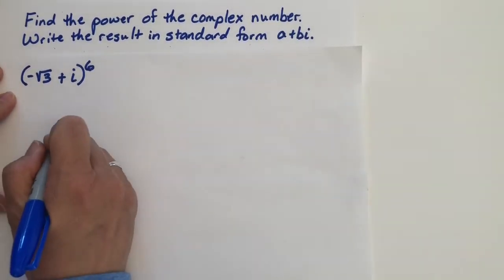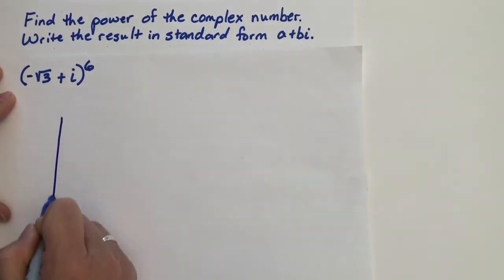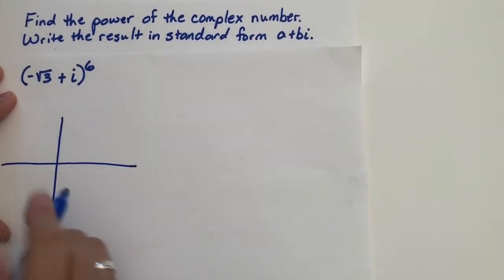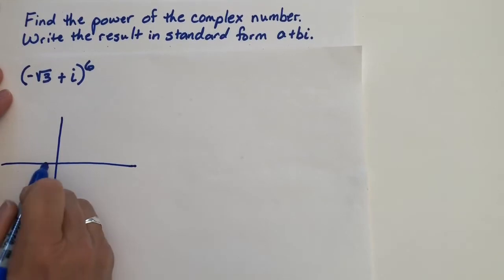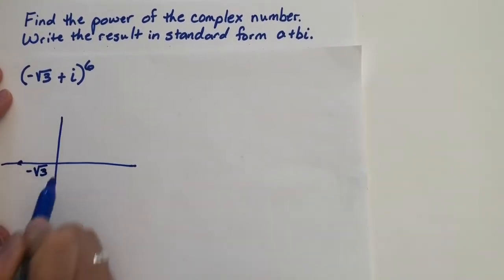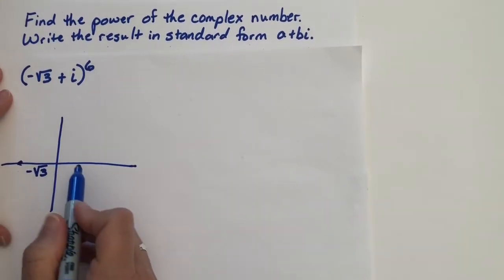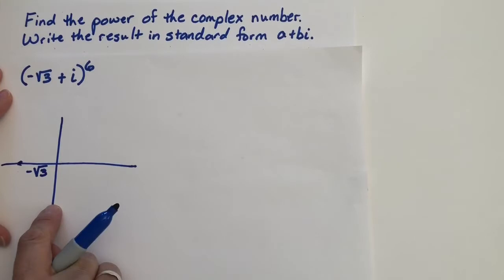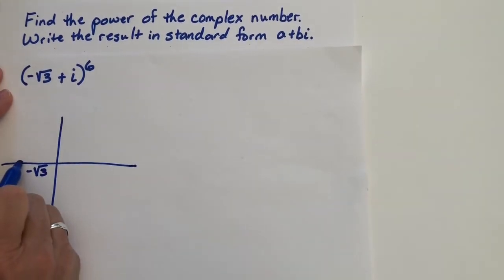I'm going to draw myself a little picture over here to help me think through the process. So let's see, we would go negative square root of 3 in this direction. And again, I'm considering us on the complex plane. So here's our real axis and our imaginary axis. And then we would come up 1 in this direction.